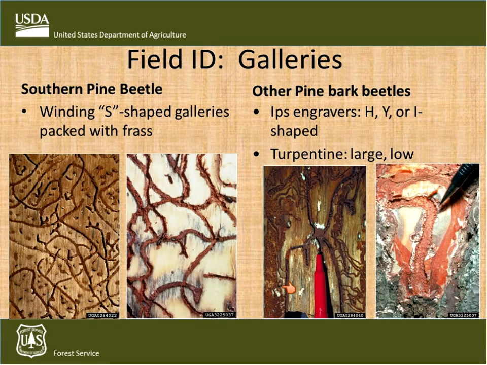Nonetheless, you can see there's a big difference between the Ips engraver beetle gallery and this S-shaped pattern from southern pine beetle. Black turpentine beetle tend to make a large feeding gallery, a larval gallery, and the larvae feed in a big area underneath the bark. So it's a very different pattern than both the Ips engraver beetles and the southern pine beetle.